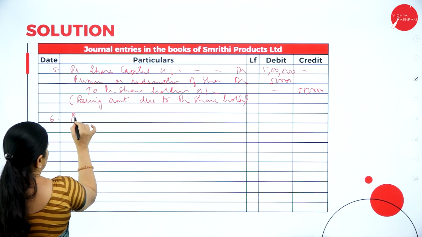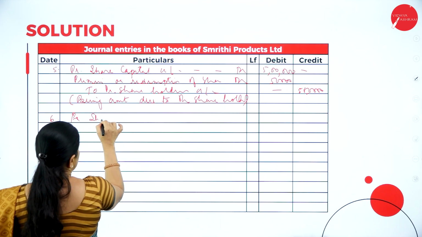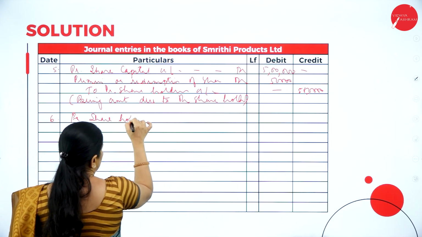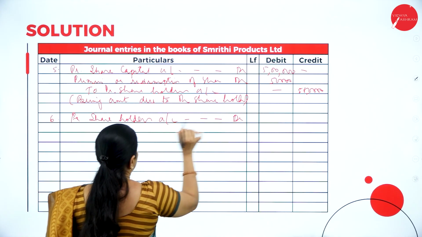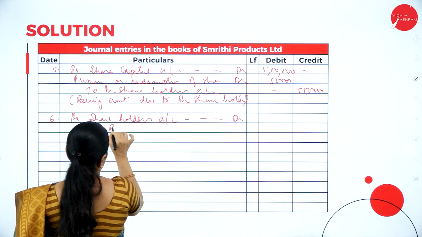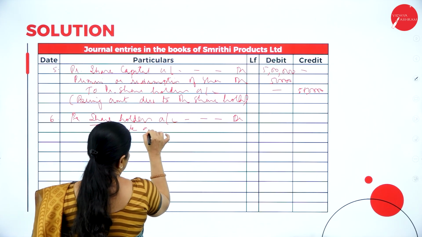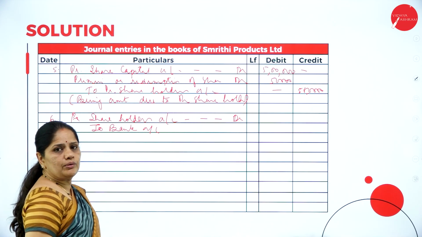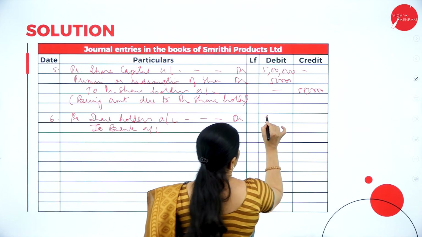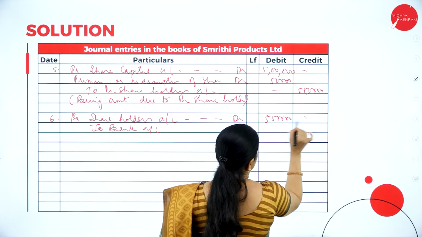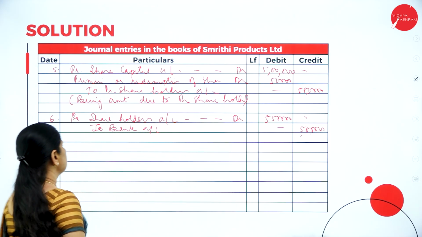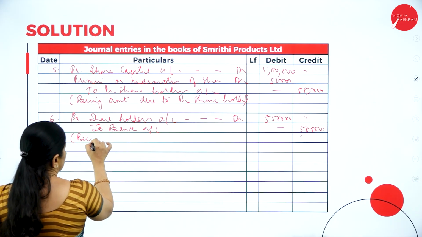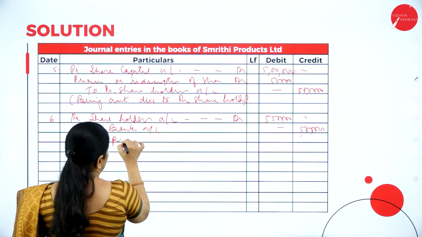Then the last entry will be: Preference shareholders account debit, to bank account 5,50,000, being payment made.